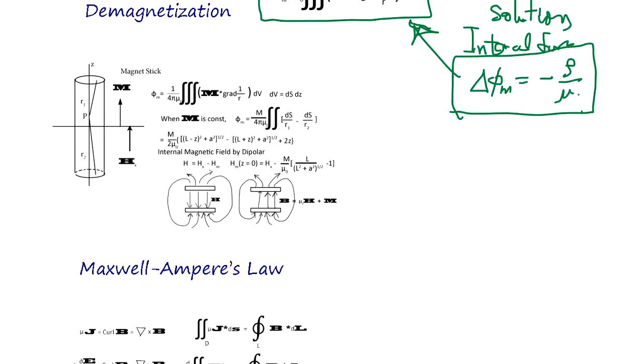Now for example, you have a magnetic stick. This side has M plus and M minus. That's going to generate a magnetic field. If you look at this, it's a Poisson's formula, and we use this formula to find out what kind of magnetic field we get.